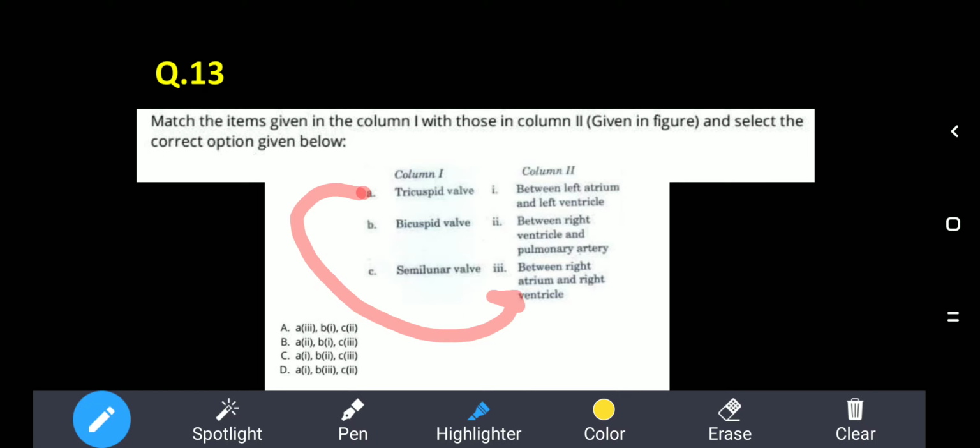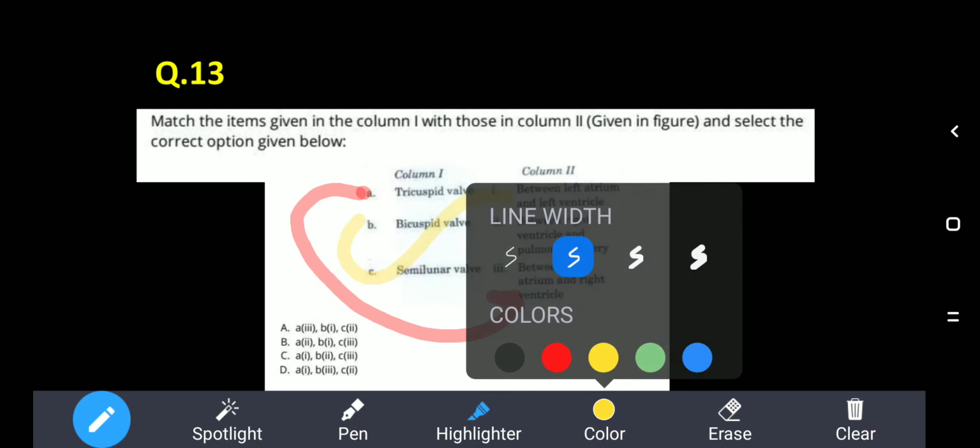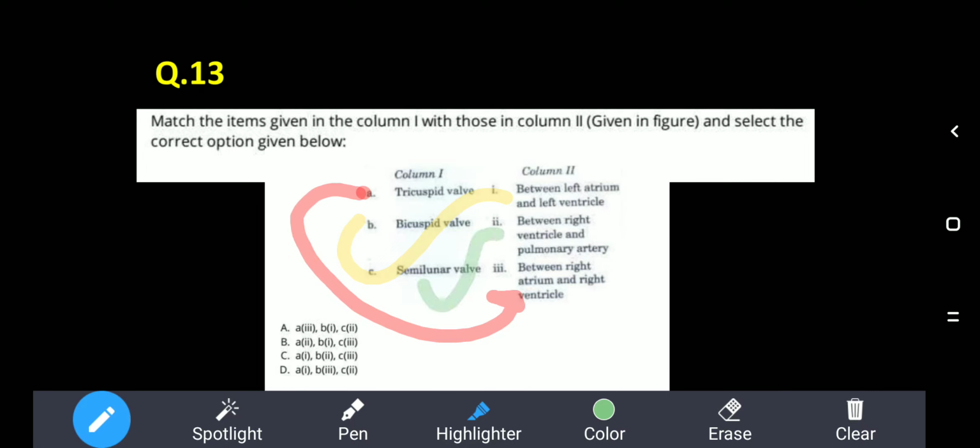Bicuspid valve is present between left atrium and left ventricle. And we have the semilunar valve present between right ventricle and pulmonary artery. So our correct answer is going to be A3, B1 and C2. Option number A is our correct answer.